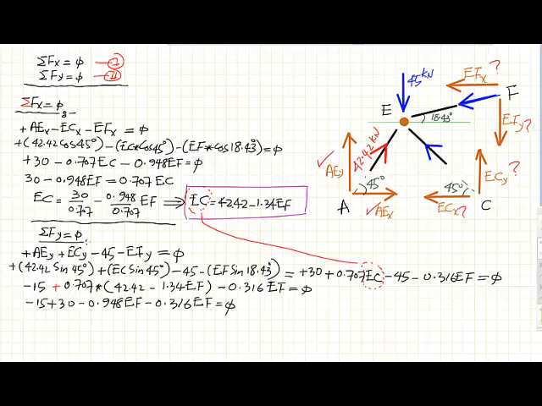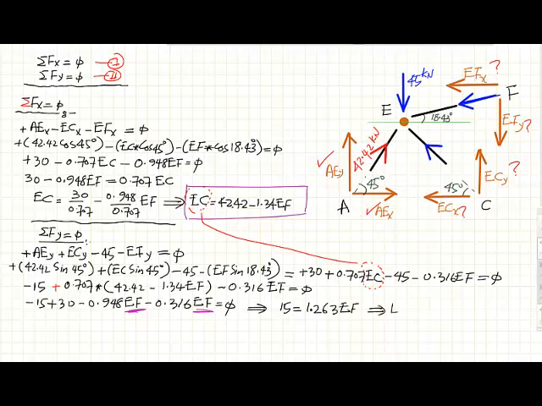Now you see I have only one unknown in this equation once I substituted the values. So I'll proceed with this. We'll get 15 is equal to 1.263 EF.